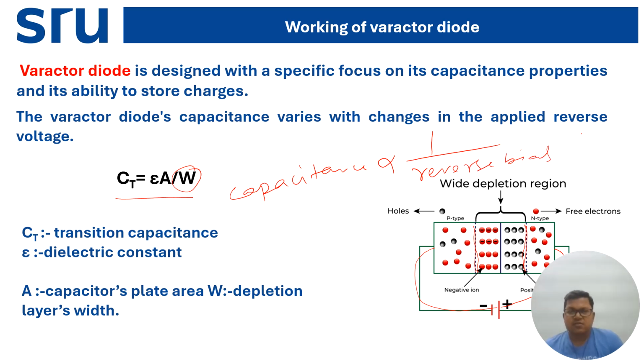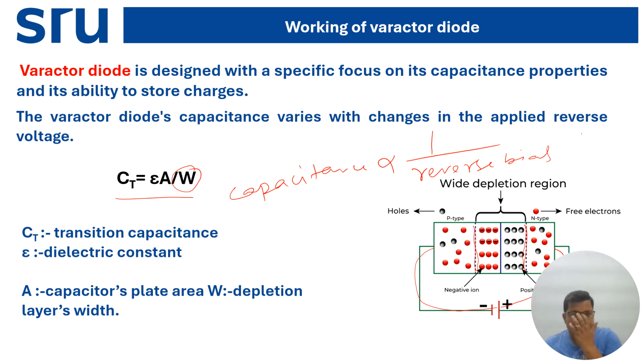When the reverse bias increases, it increases the depletion layer width, and when the depletion layer width increases, it decreases the capacitance, because as per the formula Ct is equal to epsilon A by W. When W increases, the Ct value decreases.